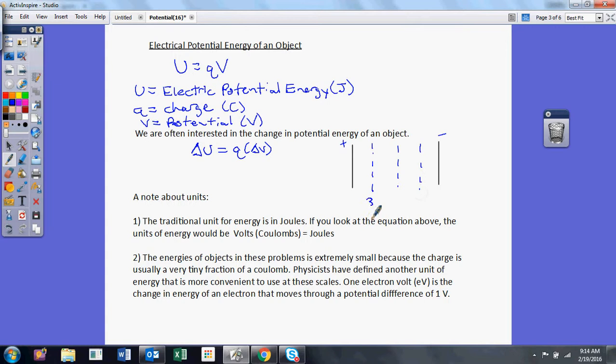So 3 volts, 2 volts, 1 volt. And let's say that I have a proton.